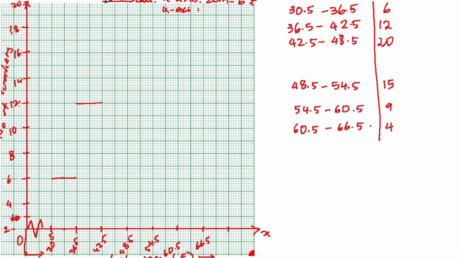So this is like this, 20. Then 15. This is 15. And then 9. 9 is here. And then I have 4. This is 4. Now I'm just making the vertical lines here.